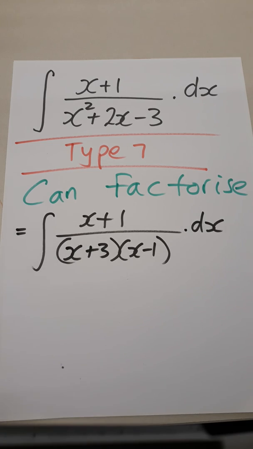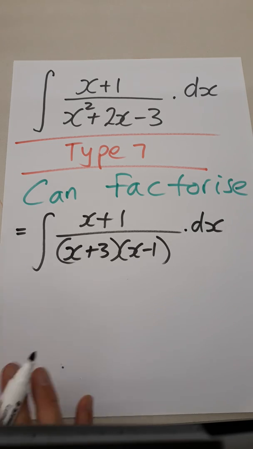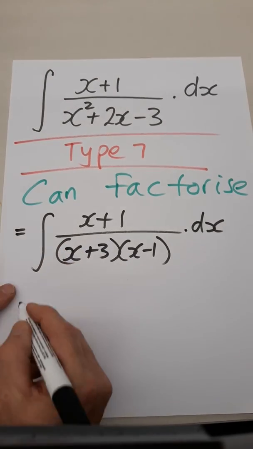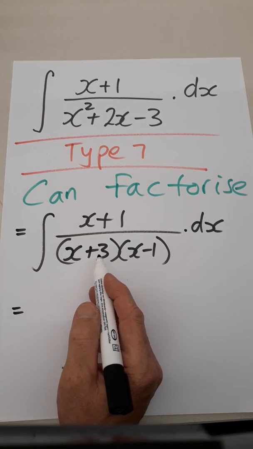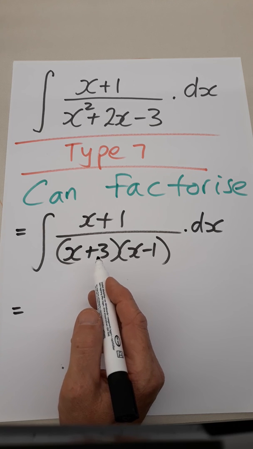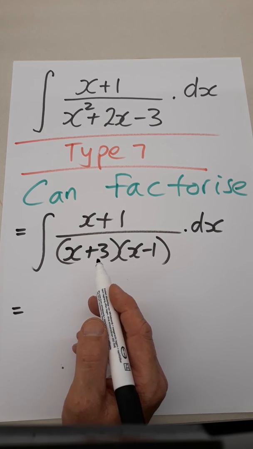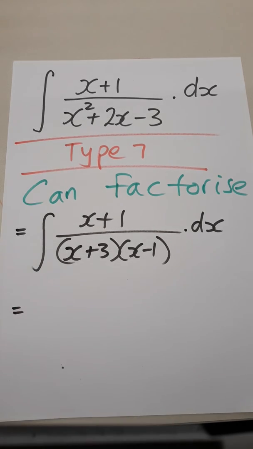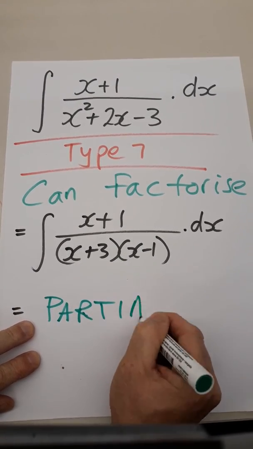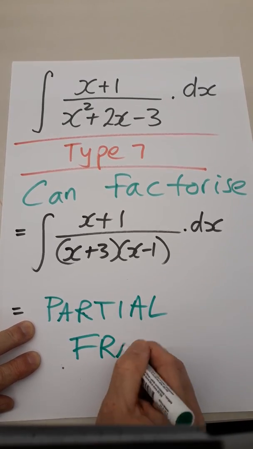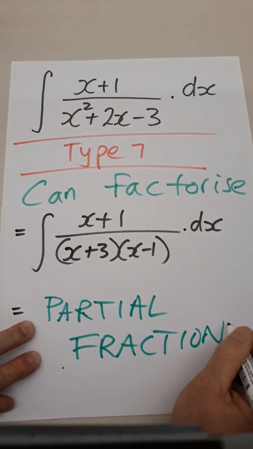Now, we're going to show in the next lesson that this can be written in a different form by using partial fractions. So instead of going through the whole process now, I'm just going to point to partial fractions.